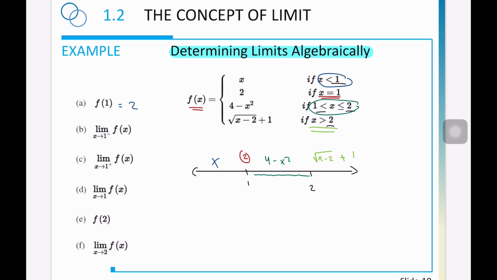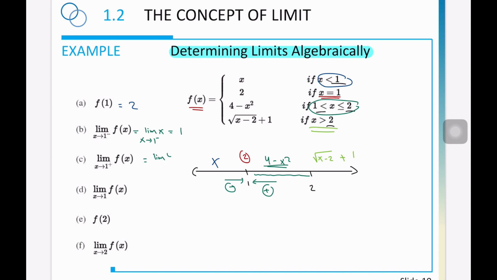Then the limit of f(x) when x is approaching 1 from the negative side, from here, we can see the function f(x) is defined as x, so the limit of x as x is approaching 1 from the negative side is 1. Then from the positive side, the function is defined as 4 minus x squared.